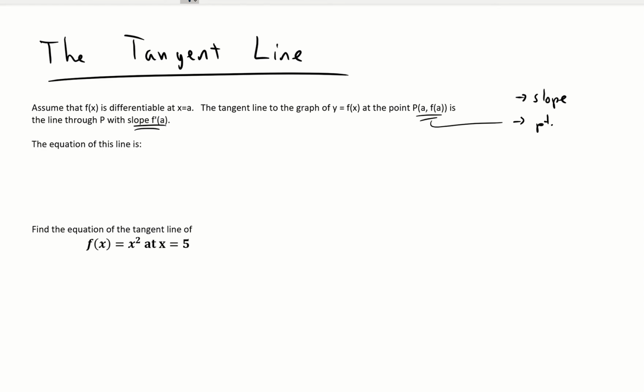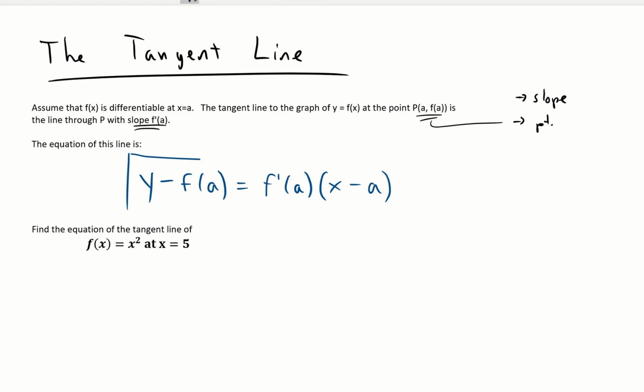So the equation for the tangent line, we're going to do this in slope form. So remember it's y minus the known y coordinate, f at a, equals the slope, f prime at a, times x minus the known x coordinate, a.